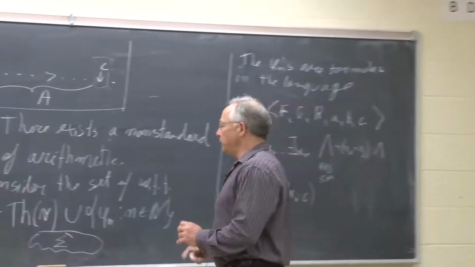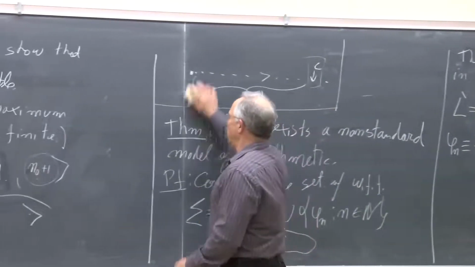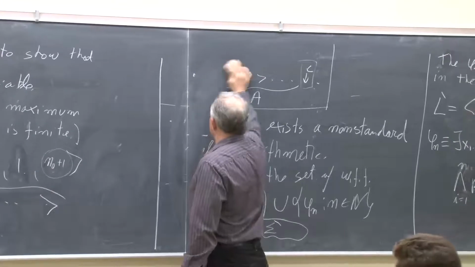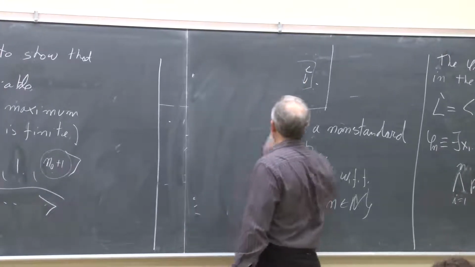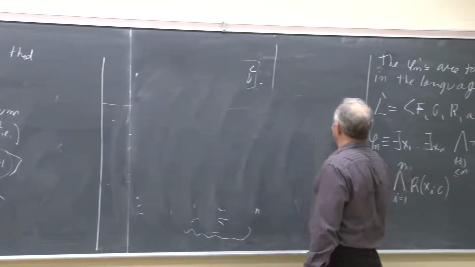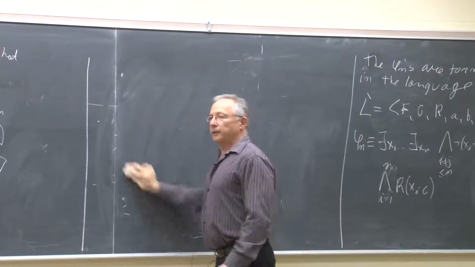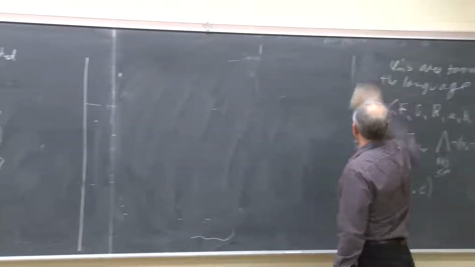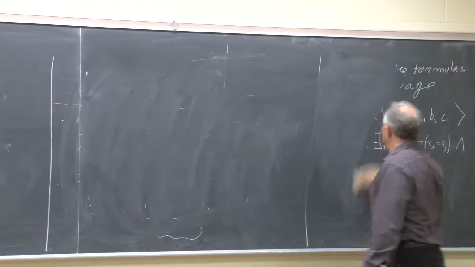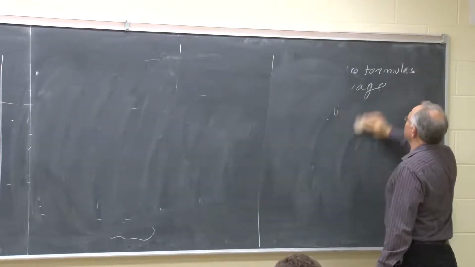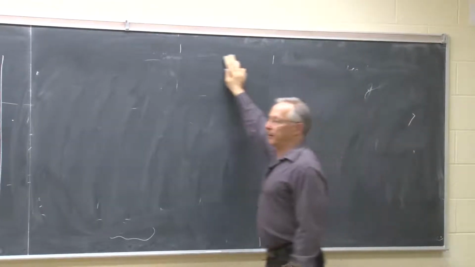So let me make two more comments just to clarify where the catch is here. One comment is, what would happen if I tried to avoid introducing a new constant and just tried to write my phi n like this?